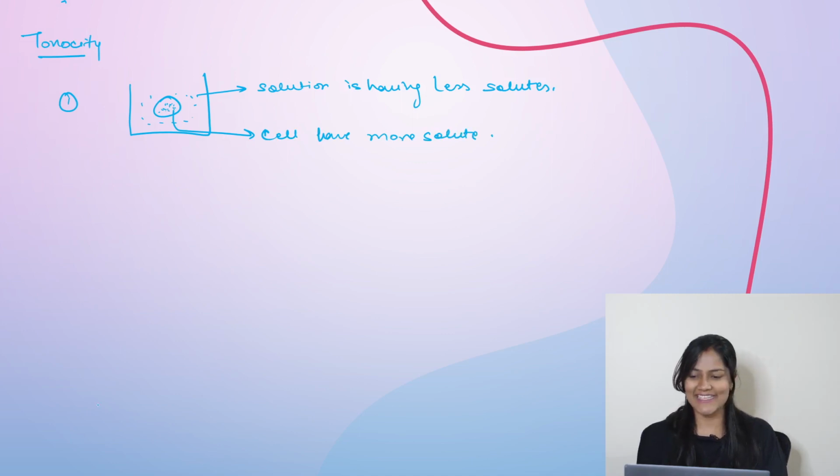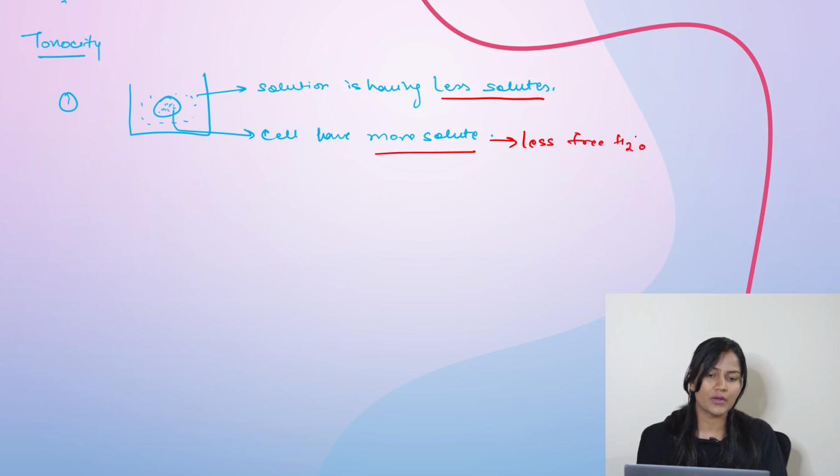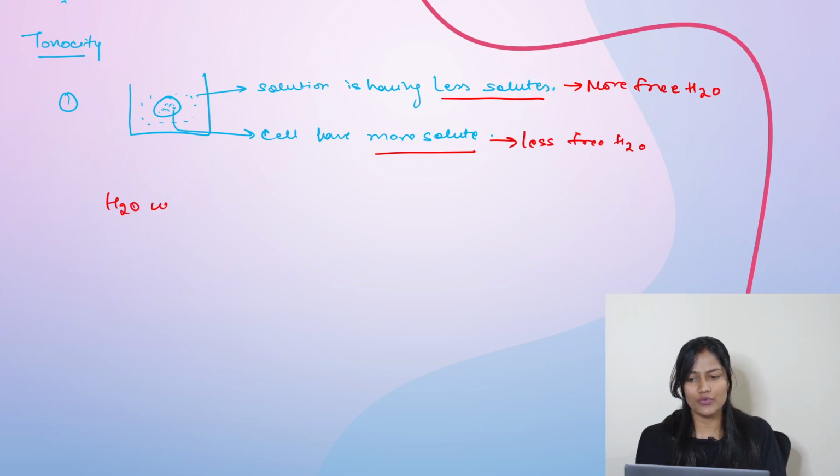In this case, kids, can you guys tell me in which direction the water will move? Yes, the solution is having less solutes and the cell have more solutes. More solute means that there is presence of less free water, whereas less solute means that there is presence of more free water. So the direction of the water movement, the water will move.